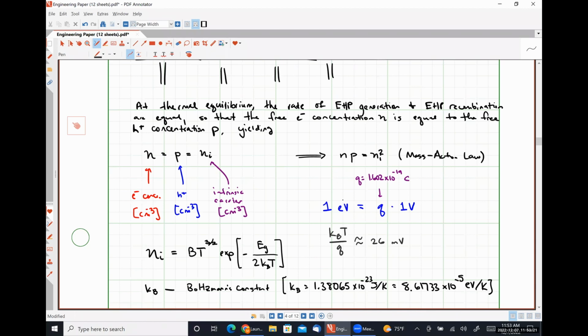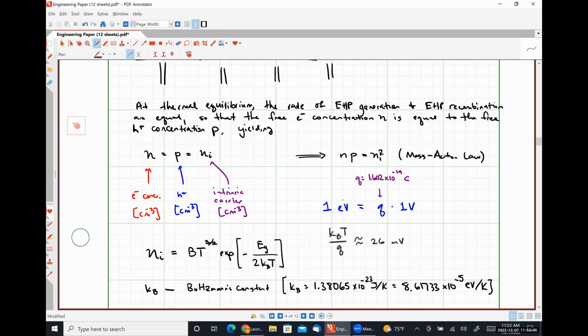This is just a lazy thing. In truth, B is related to the effective density of states in the conduction band and valence band, which in turn deals with the effective mass of holes and electrons in the semiconductor.